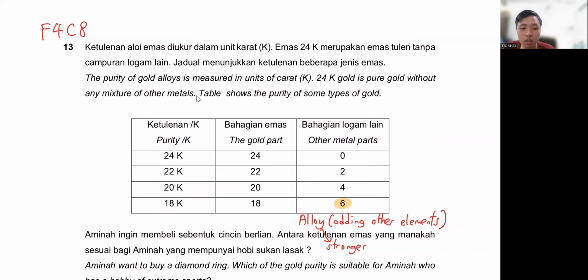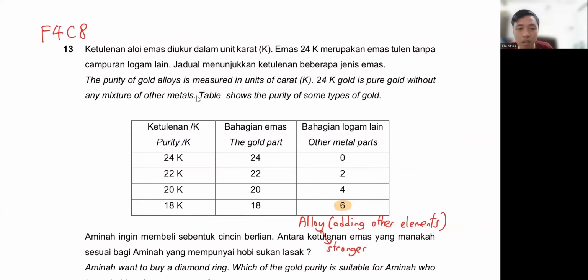So oh sorry, why? Okay, I explain this after that. I go back. So alloy is what happen? Alloy, they have two or more, the mixture of two or more elements.